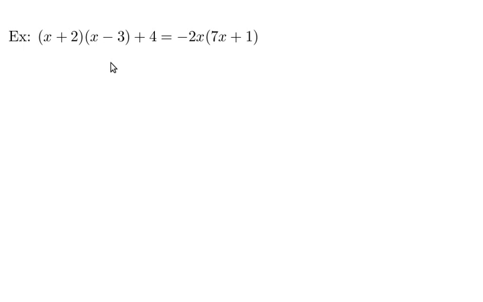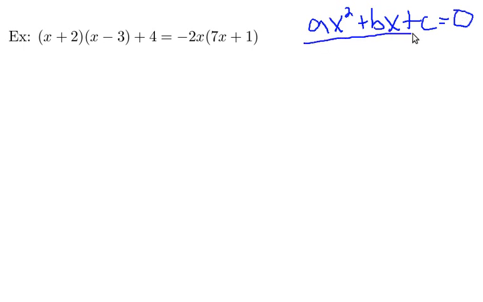When you're looking for the roots of an equation, one thing you want to do is put it in the standard form. Not roots of an equation, roots of a polynomial. So remember, we wanted to get this in the form ax squared plus bx plus c equals 0.